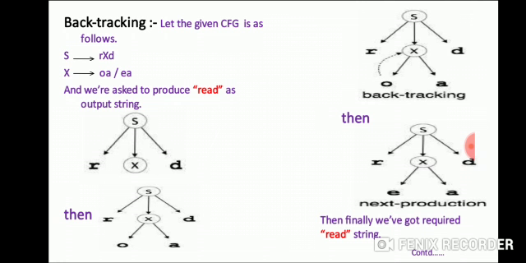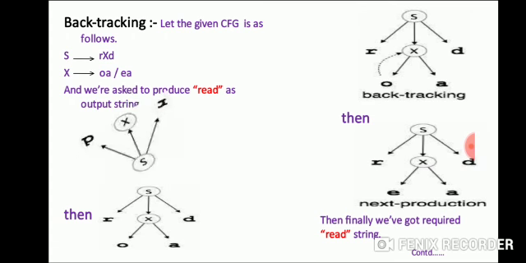That's why we have to backtrack, but not all the way to the root; at this instance we have to go back to X. Now from X we'll go with the next production, that is EA. Now finally we got READ as an output.